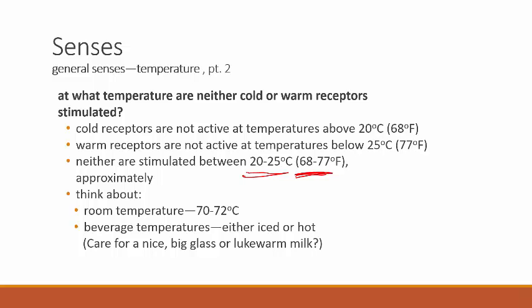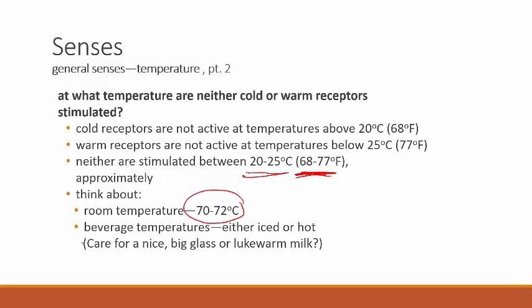So this would make sense then that we prefer room temperature between 70 and 72 degrees Fahrenheit. In this range there's no activity in either the warm or the cold receptors. And that makes sense that room temperature would be most comfortable there, because we're not noticing, ooh, I'm chilly, or ooh, I'm hot.